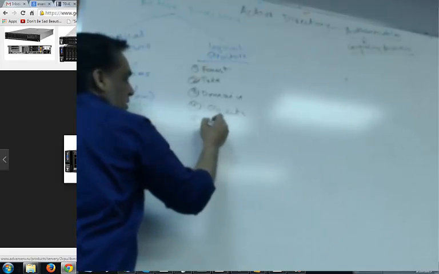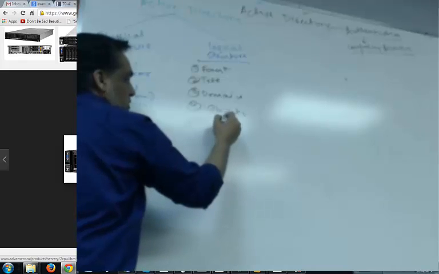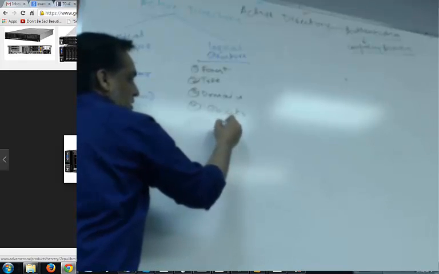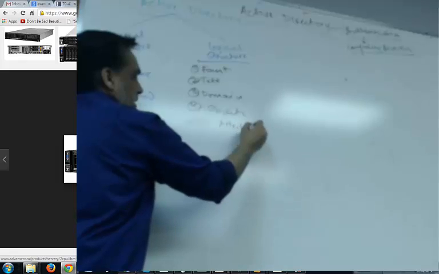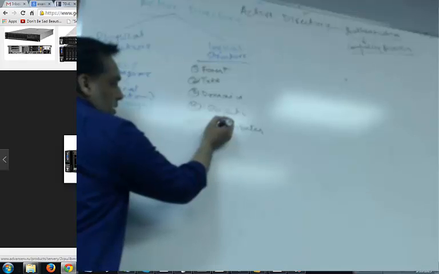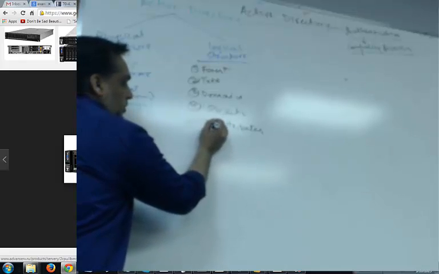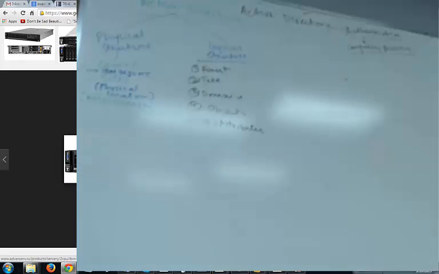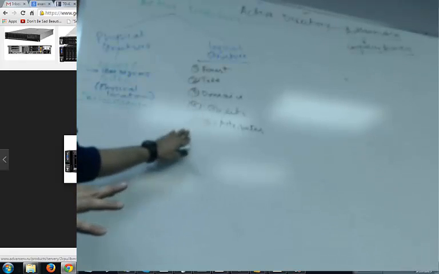Number five, attributes, which is actually inside objects, so I would say this is 4.1. So forest, tree, domain, objects, and attributes. Active Directory is made up of these components.